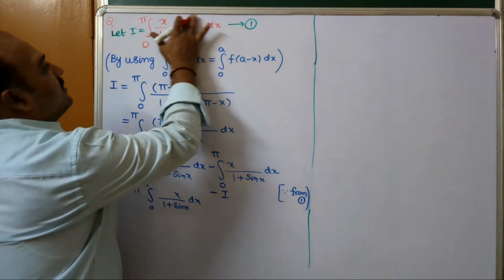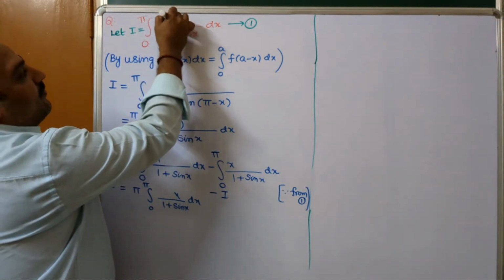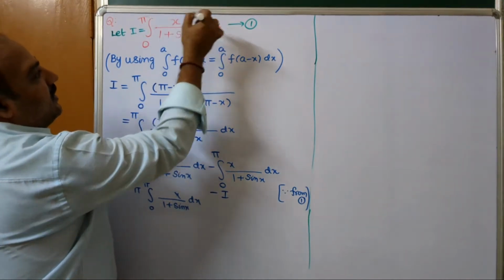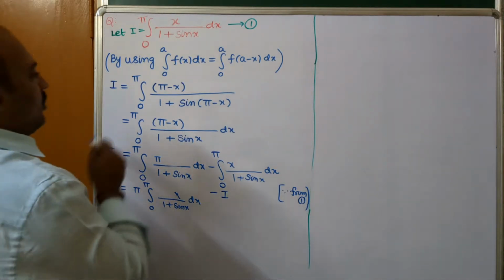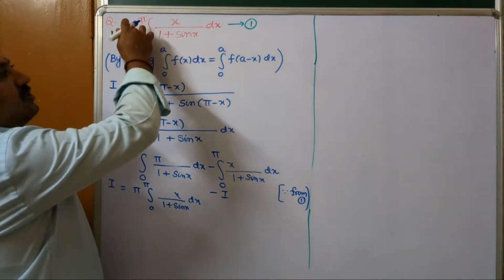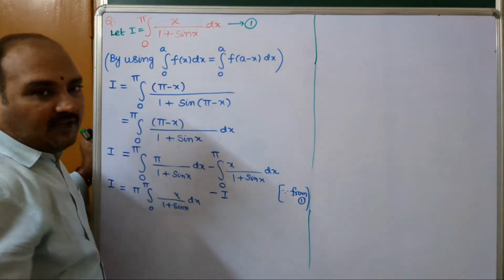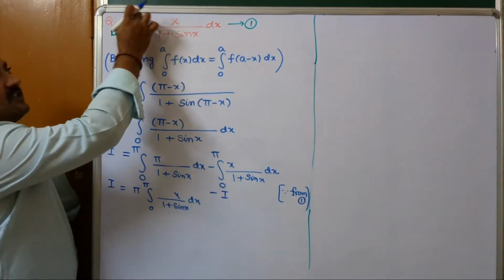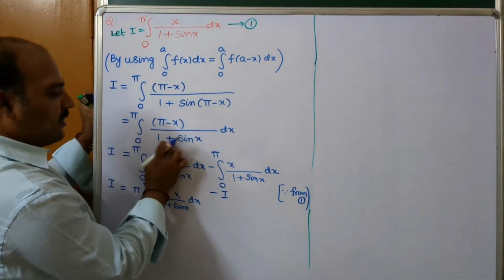Here the question is integral 0 to pi of x by 1 plus sin x dx. So how to do? First you have to assume the given integral as I. By applying this property, wherever x is there, write pi minus x. So pi minus x by 1 plus sin x.